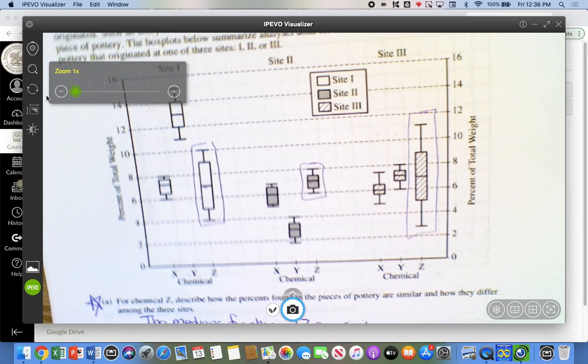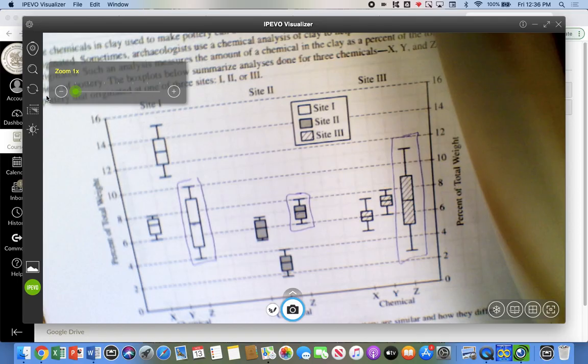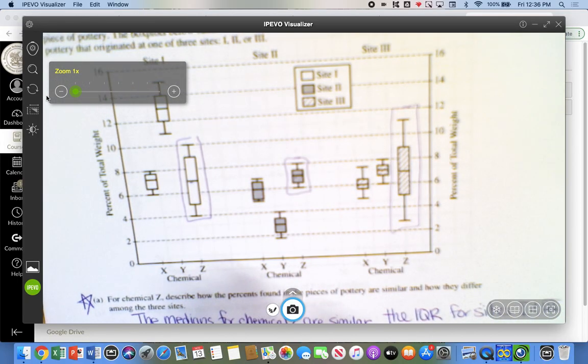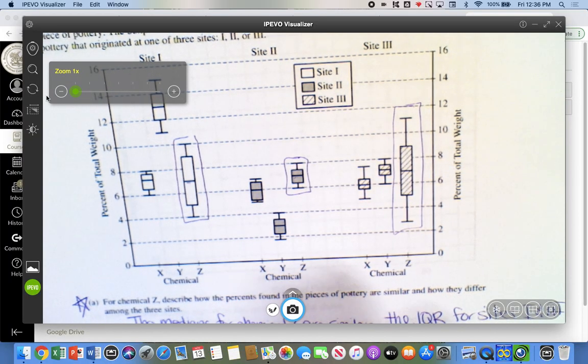That is something you can say: the IQR for sites 1 and 3 are similar. But would you guys agree that site 2 is much smaller?